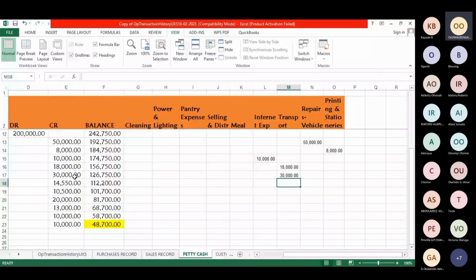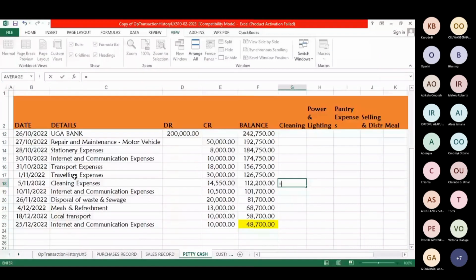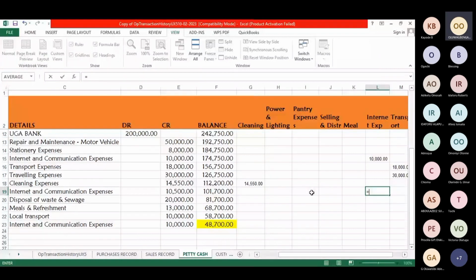Cleaning expenses. I'll come to cleaning. Internet and communication expense. So maybe they subscribe to internet. So in that period, disposal of waste and sewage. So let me put this as cleaning.